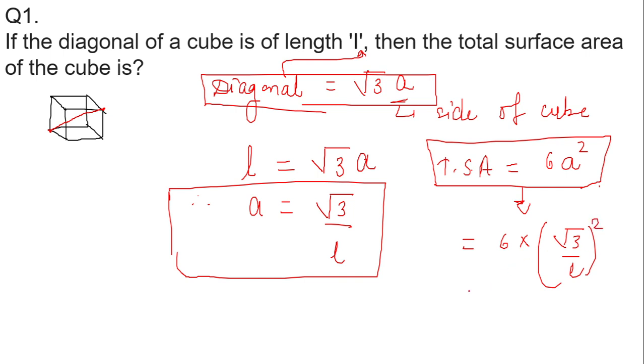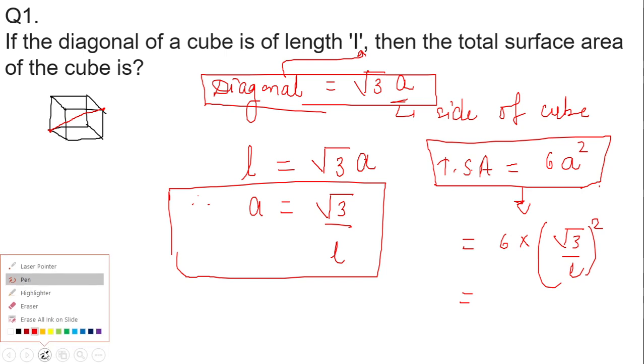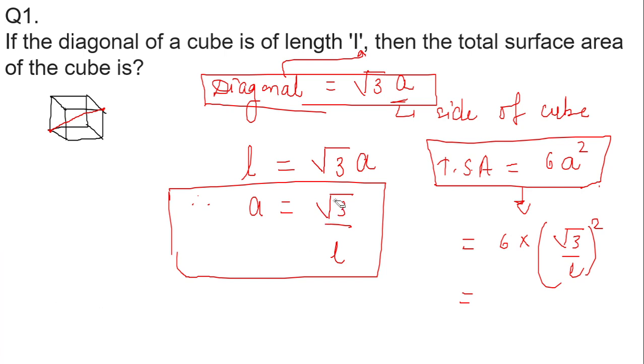Sorry, something went wrong. Here comes L by root 3, not root 3 upon L. Here also we have to rub this out. There was a mistake, it should be L upon under root of 3.